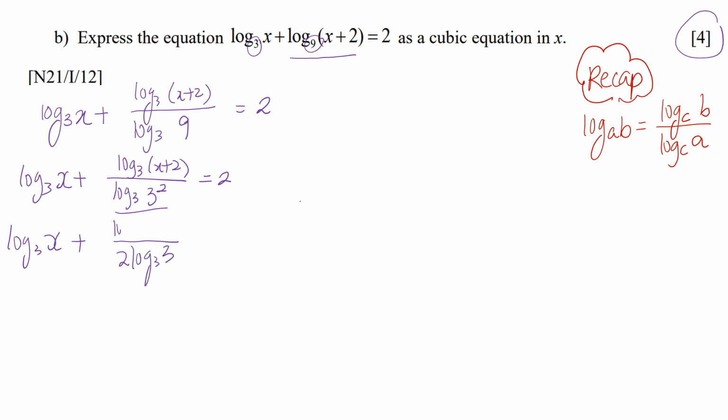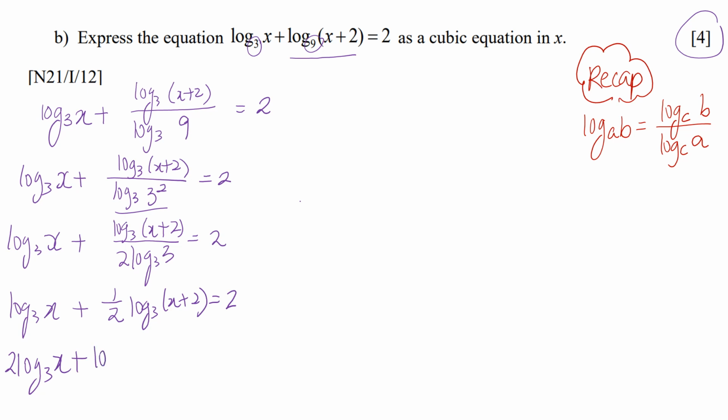The numerator is log base 3 of (x plus 2) over 2, which will give you log base 3 of x plus half log base 3 of (x plus 2), equals 2. I'm going to multiply by 2 on every term. So I would have 2 log base 3 of x plus log base 3 of (x plus 2) equals 4.